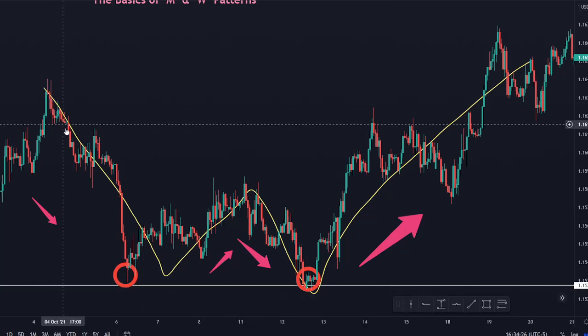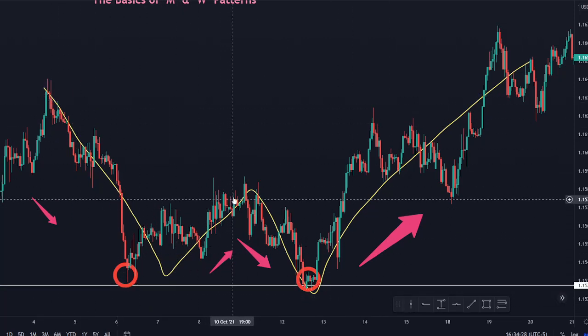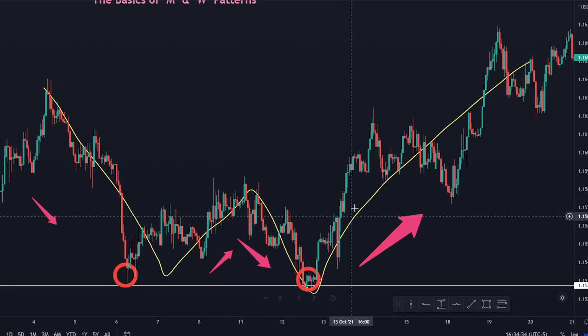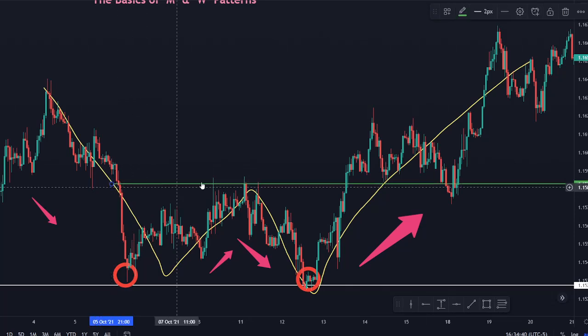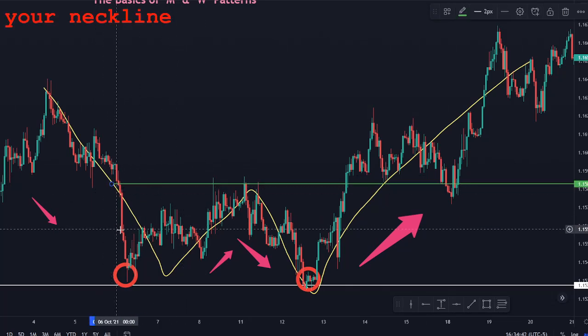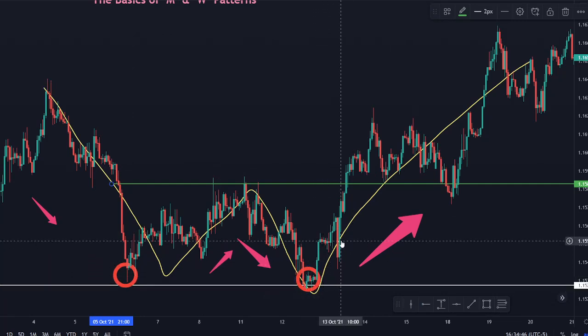So you're not trading this first leg, you're not trading in the middle, you're waiting for this leg to form. Ideally, you'll just wait. You will mark up your area, so your middle area that we have marked there, and you're just going to wait until the market truly shows you that it's actually making a W and not just consolidating back and forth.